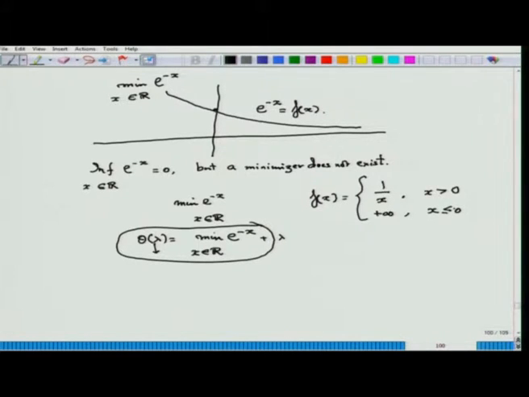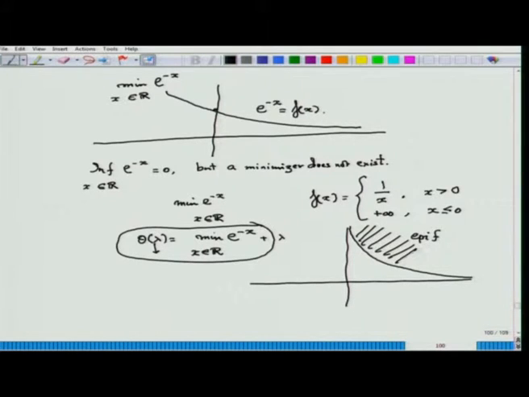So, here I have a convex problem which is extended valued, and the epigraph is this. Now, I consider the minimum of f of x over x an element of 0 to 1.